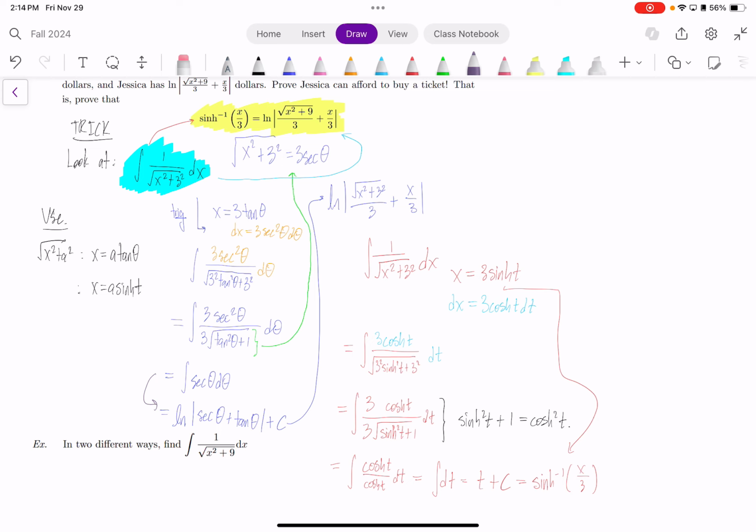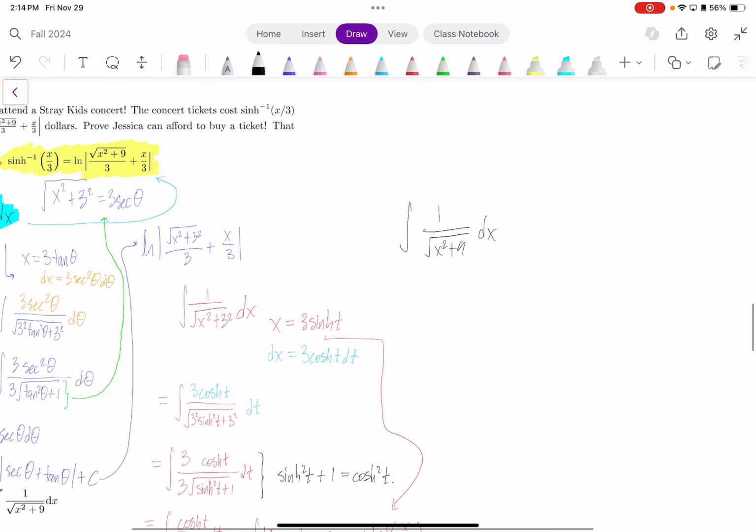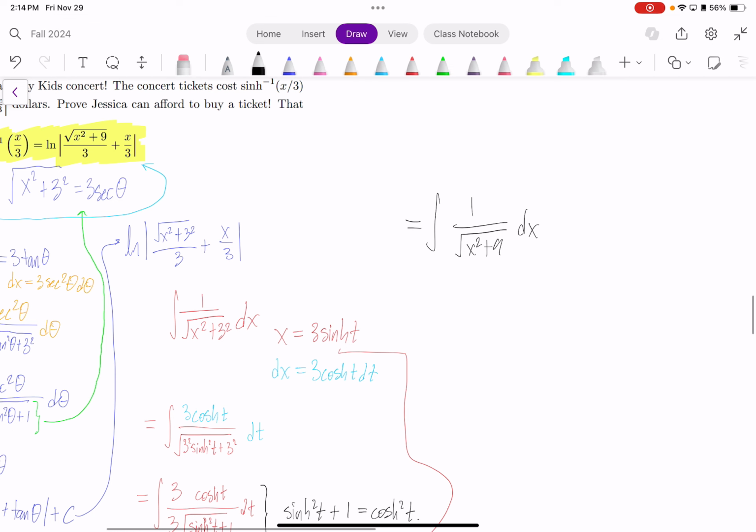Okay, oh yeah, one more question, yeah. Oh, okay, so here's the kicker. So we're integrating 1 over the root of x squared plus 9 dx, right? That was what we integrated.